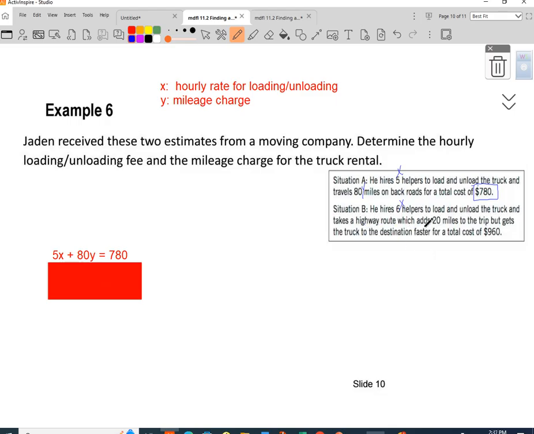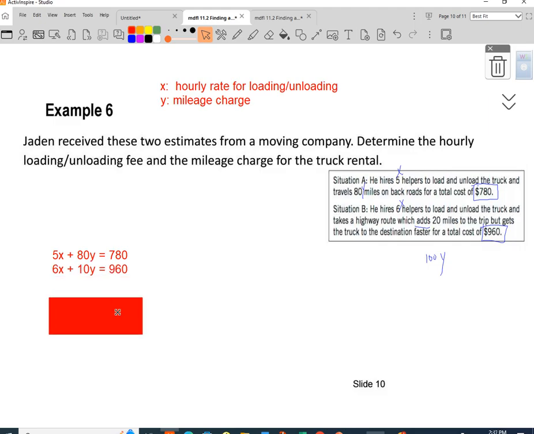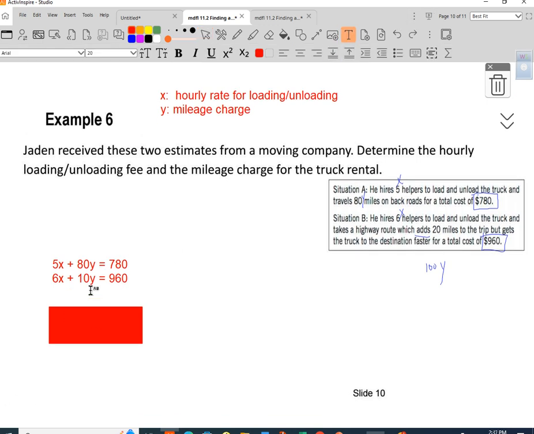And it takes a highway route which adds 20 miles, so it's 80 plus 20, so don't get confused, that's 100y, and that's going to equal $960. I have a typo on my equation there.